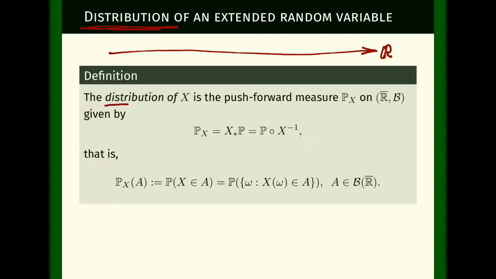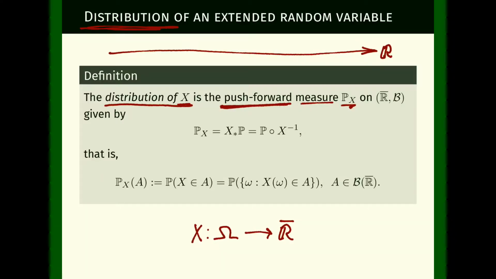The distribution of a random variable X is the push forward. This was the topic of a previous video lecture. The push forward measure given by this map X. X is a map, technically speaking, that goes from a sample space to the real line, and it can be the extended real line. And it will be the push forward of that measure.